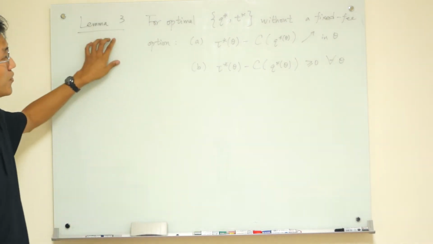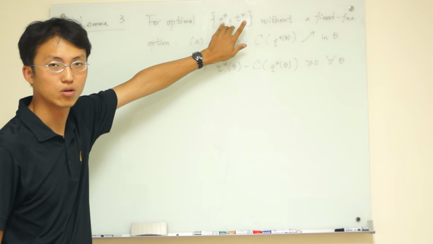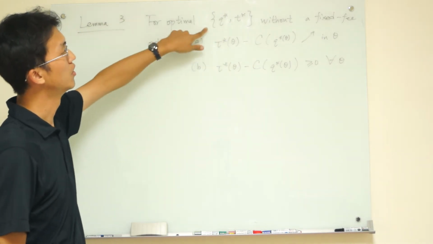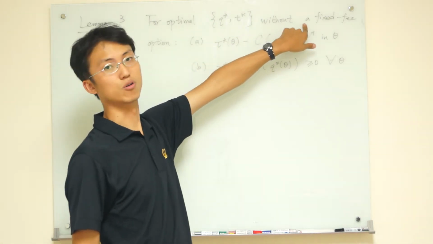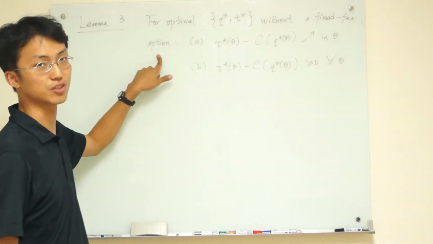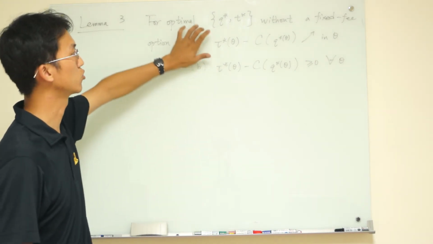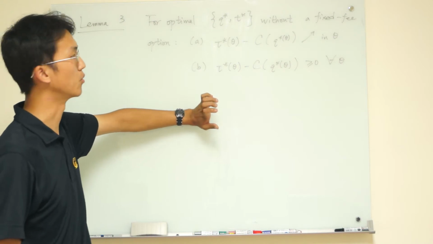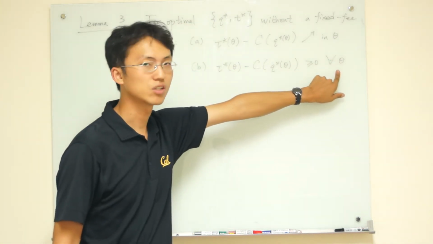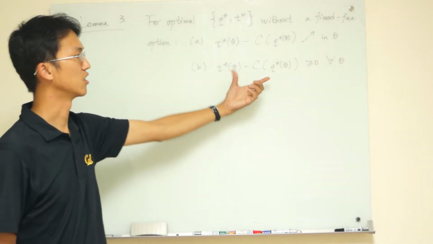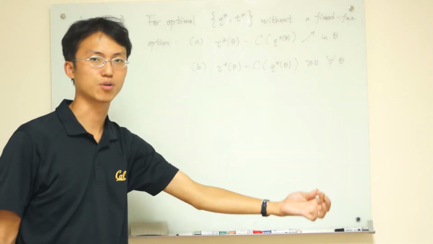Lemma 3 is saying that suppose I am using an optimal incentive compatible usage-based pricing plan, and that's optimal when there is no fixed fee option. At this moment I do not know how to find it, but let's assume it exists and it is optimal. Then the property is the following: for all the consumers I can get, this is the amount I earn from this type of consumer.